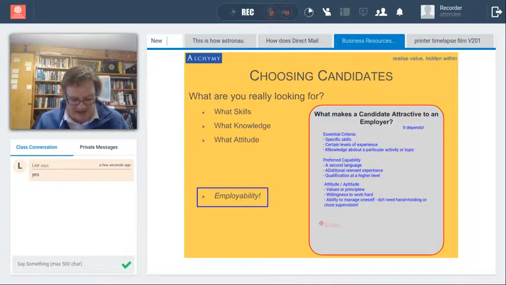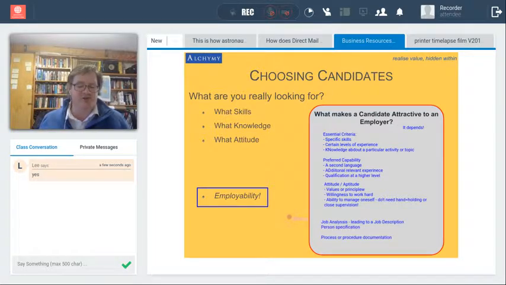You might have some sort of job analysis leading to a job description. You might also have a person specification. It might also be necessary to have some sort of process or procedure documentation, not necessarily to hire somebody, but to be able to bring somebody into the organization.